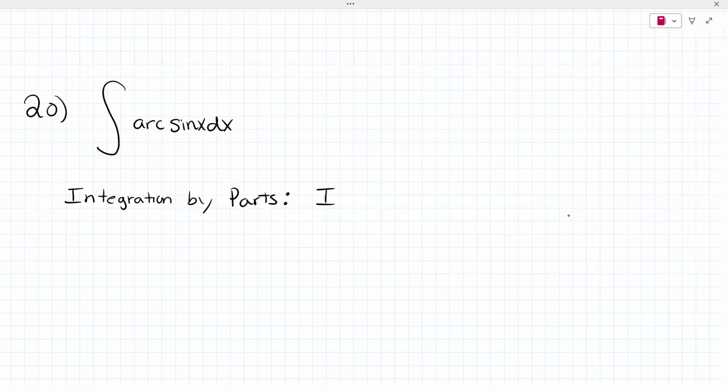ILATE. And I think I'll use u as arc sin, and then my dv is the leftover, which is just dx. And then with u, you take the u prime.